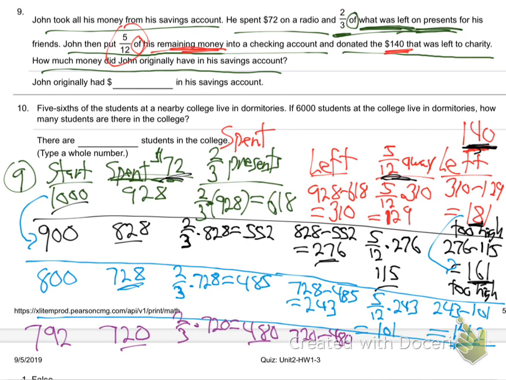Just a lot of calculator work here. That leaves 240. And then 5/12 of 240. That's $100. What does that leave him? 240 minus 100, 140. Bingo, there it is. He must have started with 792. Originally, he had $792. So that's the guess and test table.